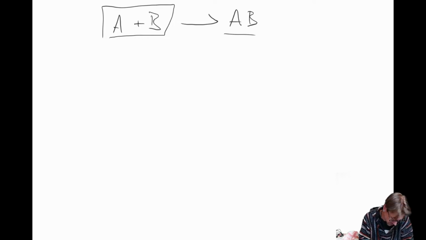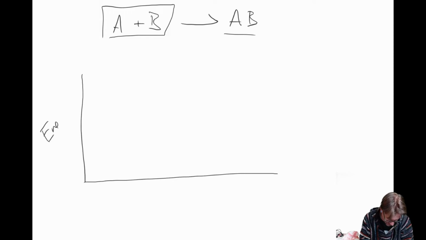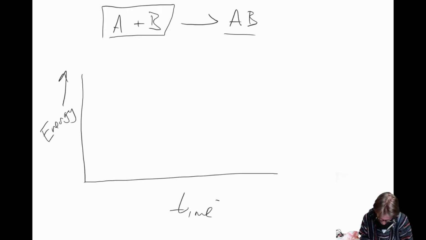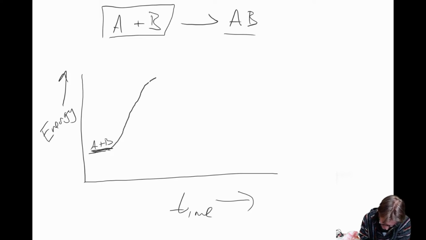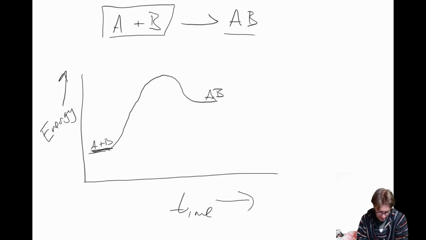We're going to have energy increasing, and down here we have time or course of the reaction. A and B start at relatively low energy, and then their reaction pathway takes them up this hill and then down to here, where we have AB.